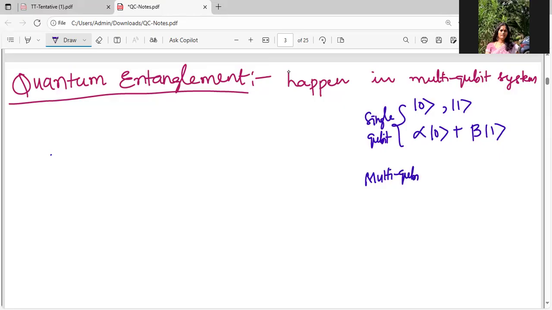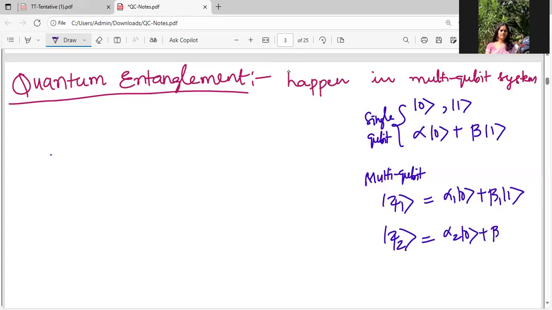It all starts with the tensor product. Suppose I have ket xi1 equal to alpha 1 ket 0 plus beta 1 ket 1, and ket xi2 equal to alpha 2 ket 0 plus beta 2 ket 1.